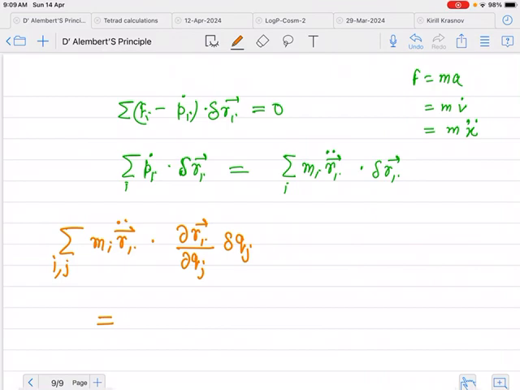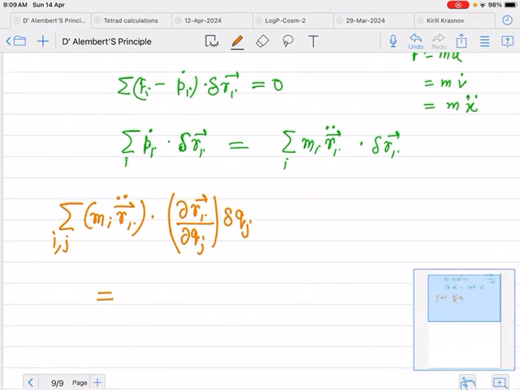Okay, this relation becomes, see, this is the first part double dot, this is the second part, and you should think in terms of the total derivative.